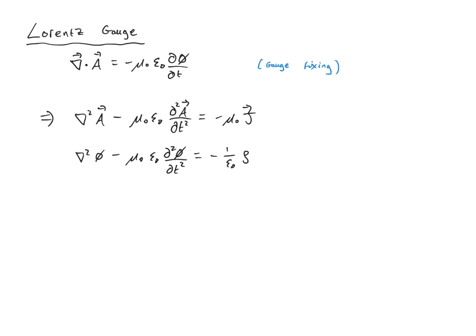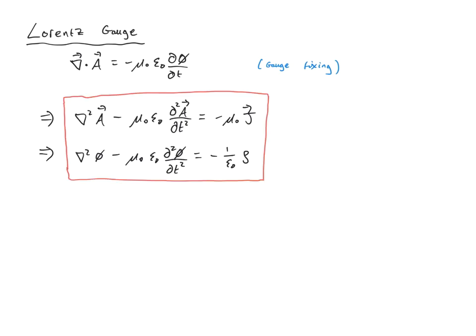So in the first equation here, we have an inhomogeneous wave equation for the vector potential A in terms of the current density J, and in the second equation we have again an inhomogeneous wave equation for the scalar potential phi in terms of the charge distribution rho.